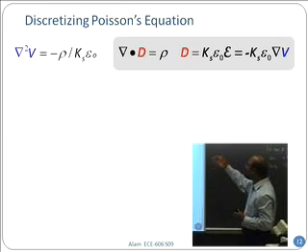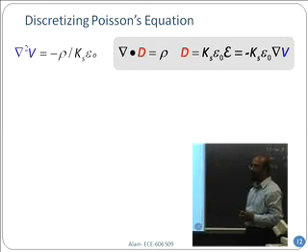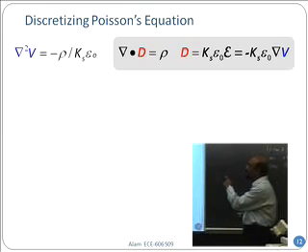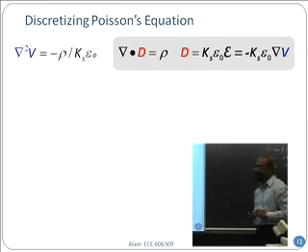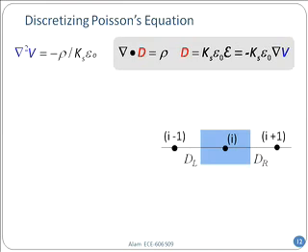So therefore, if I insert the expression for the displacement, then I will get a second derivative of the potential with a negative sign. That is where that equation came from. Same Poisson equation. Okay, and then, so how am I going to discretize this equation?